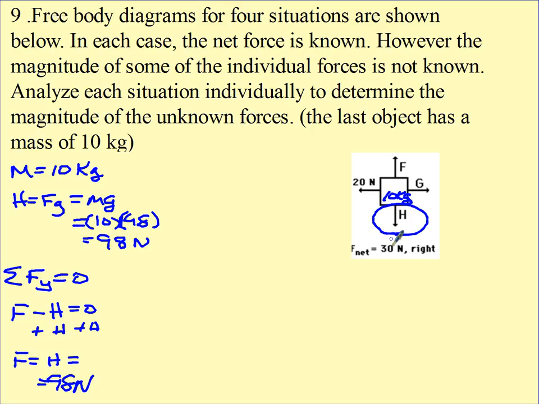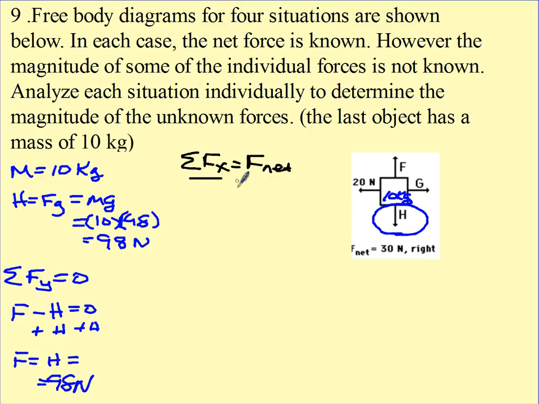Now I'm going to sum the forces, and it's going to the right. Let me change my pen color. Okay. Sum of the forces in x equals, I'm just going to write this as F net.